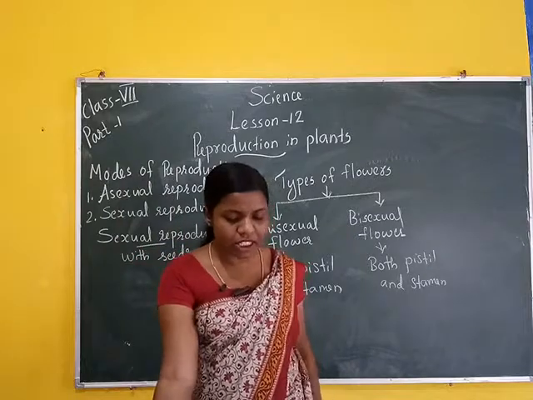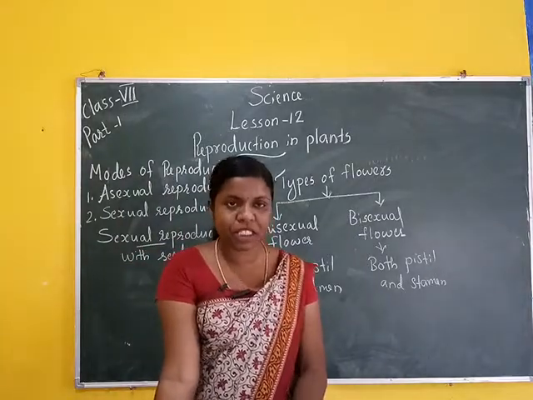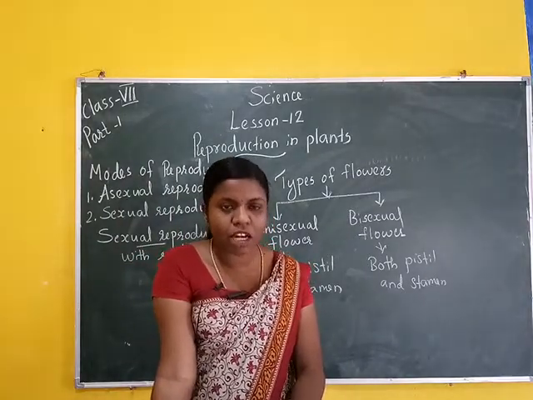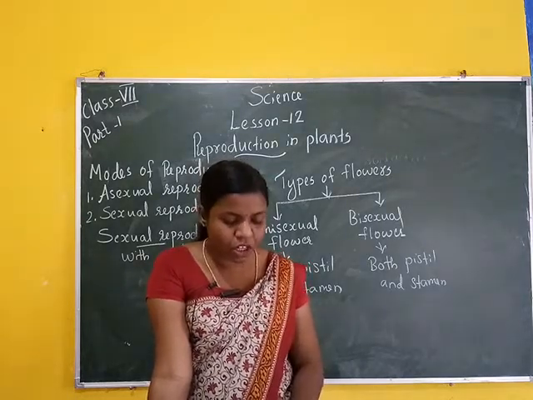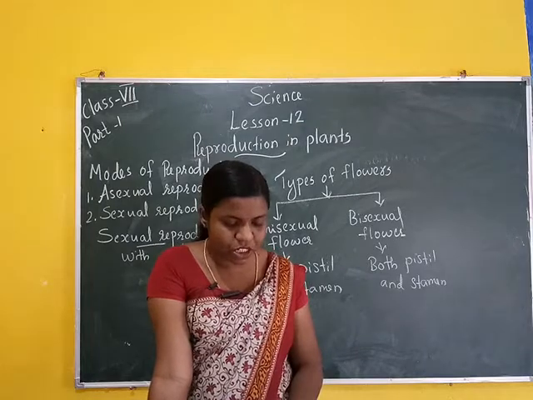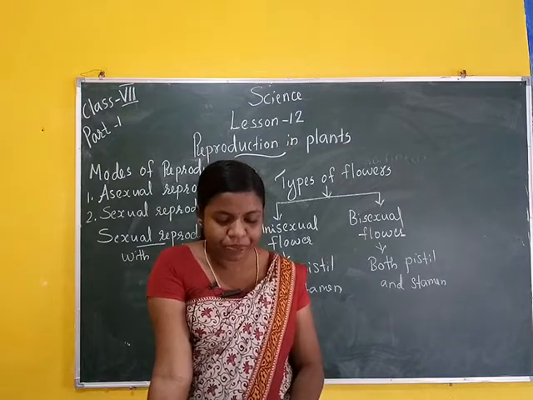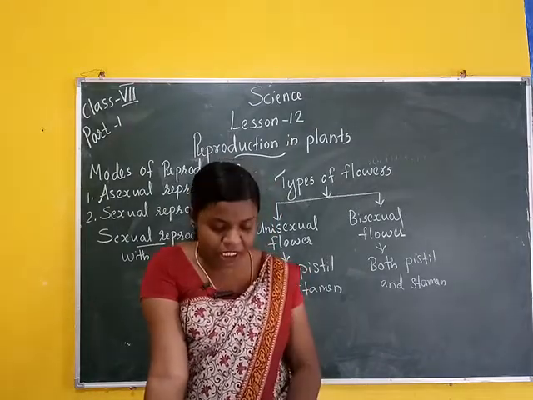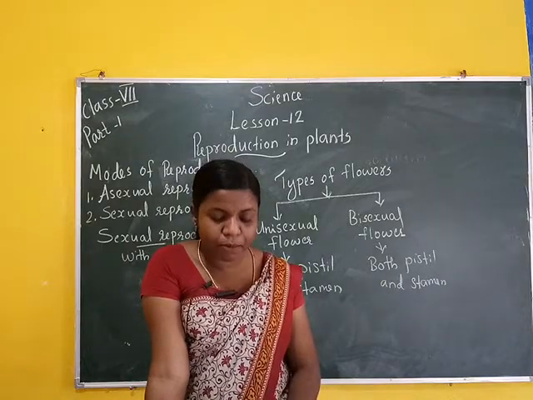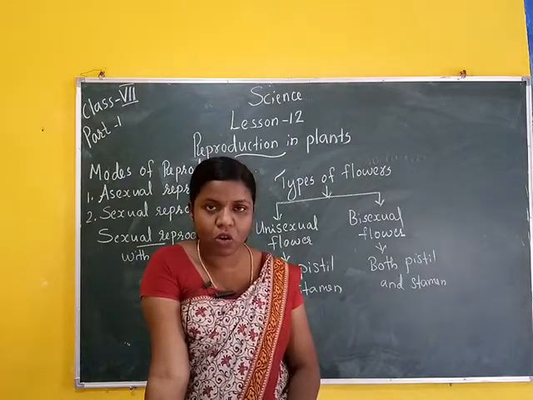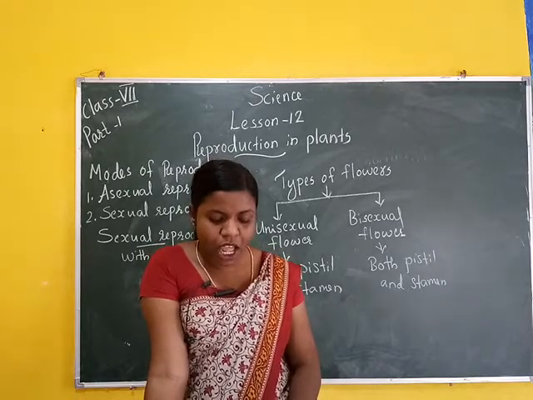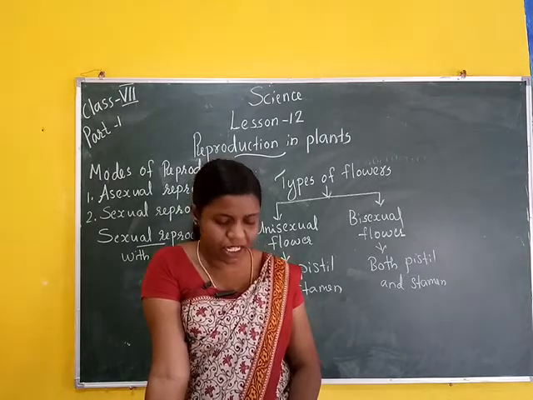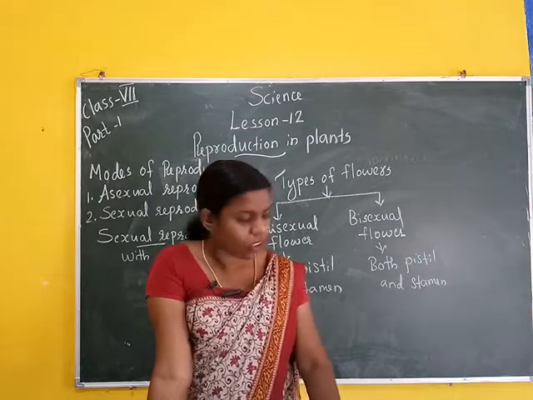Then bisexual means both pistil and stamen. The flowers which contain either only the pistil or only the stamens are called unisexual. Example: corn, papaya, and cucumber produce unisexual flowers. Bisexual flowers contain both stamens and pistil. Example: mustard, rose, and petunia have bisexual flowers.